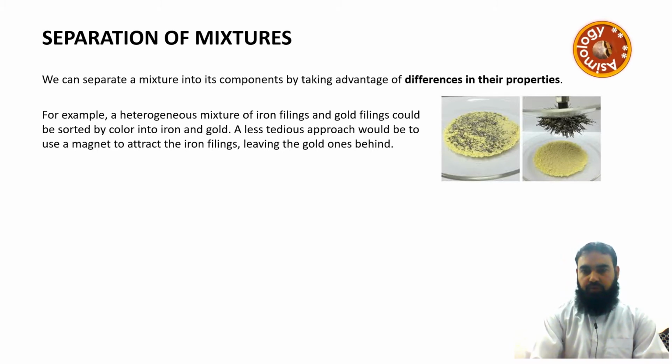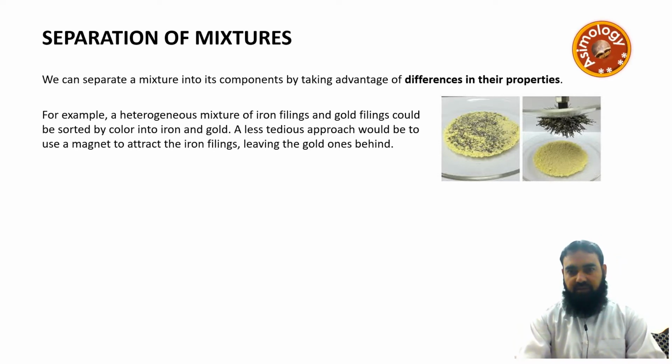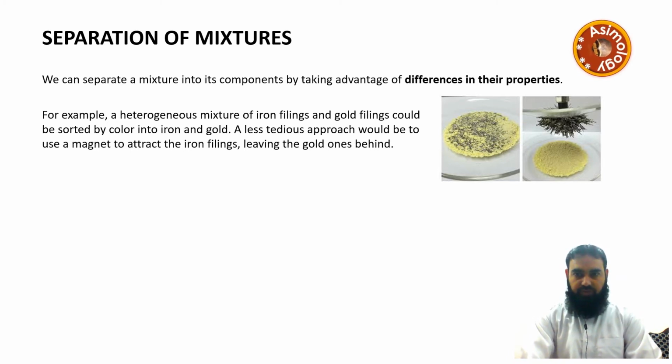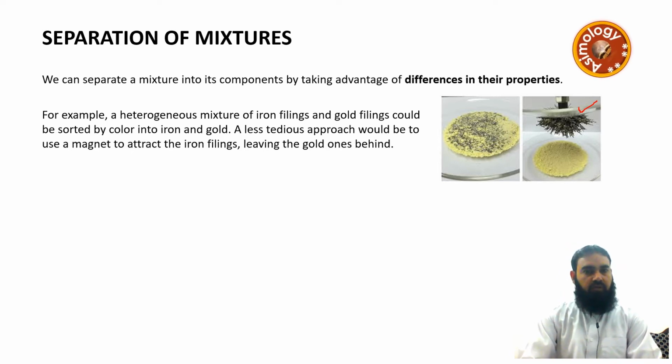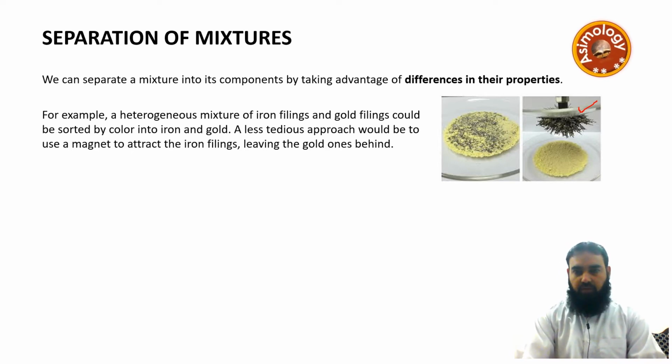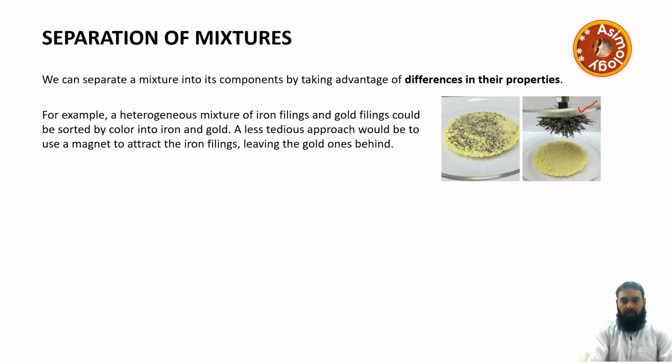By taking advantage of this magnetic property, by using a magnet, you can separate the iron particles from this mixture. Iron particles will be attracted towards the magnet, and the gold particles show no attraction towards the magnet. So magnetism is the property of iron particles, and by taking advantage of this property, you can separate the mixture easily.